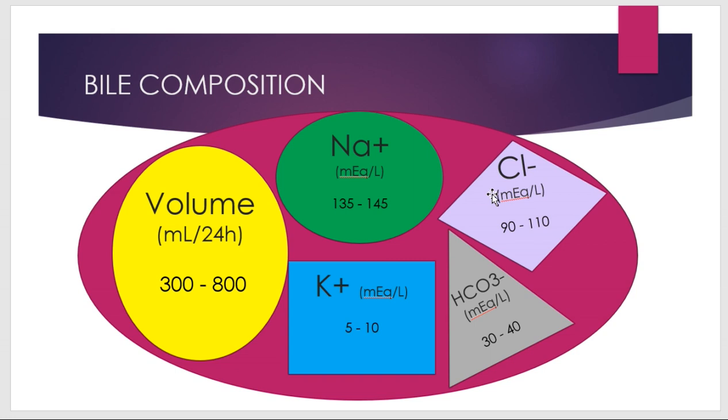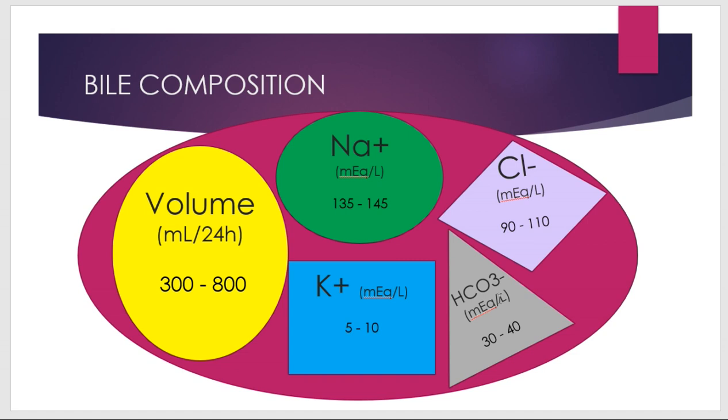The chloride, in the midway we are having cations. Here we are having anions, and this is volume. So chloride 90 to 110 milliequivalents per liter, and bicarbonates 30 to 40 milliequivalents per liter.